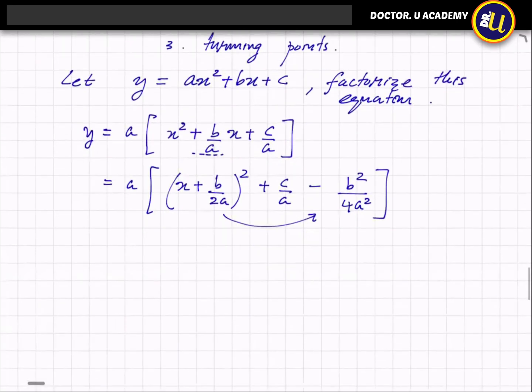Then we can take the common denominator and simplify further. That would be x plus b divided by 2a, the whole thing squared, plus, I will take the common denominator as 4a squared. So this is going to be now 4ac minus b squared.